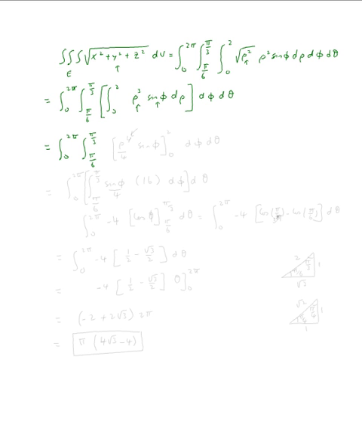Now sine phi is constant, so that would be rho 4 over 4 sine phi, and that's between 0 and 2 d phi d theta.